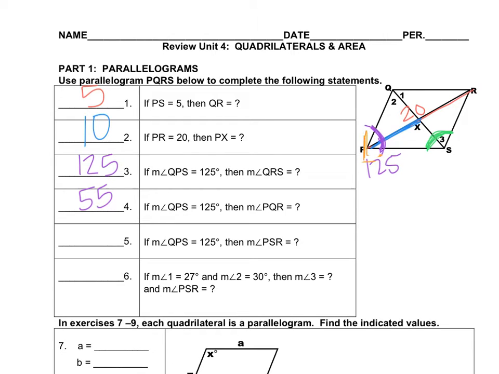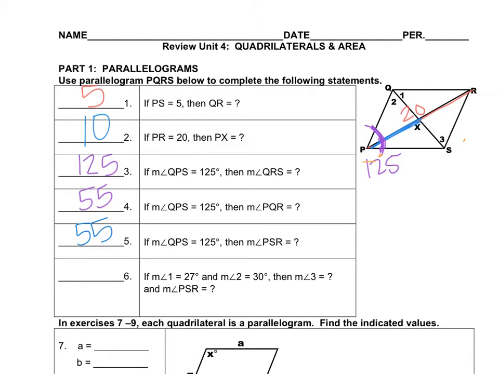These are also right next to each other. They're consecutive angles, one angle right after the other. So again, they're supplementary. So again, this angle is 55. You could also know that because we just found that this angle up here was 55, and that angle and this angle in green are opposite angles, so they're congruent. They have to be. It's one of those properties of the parallelogram.